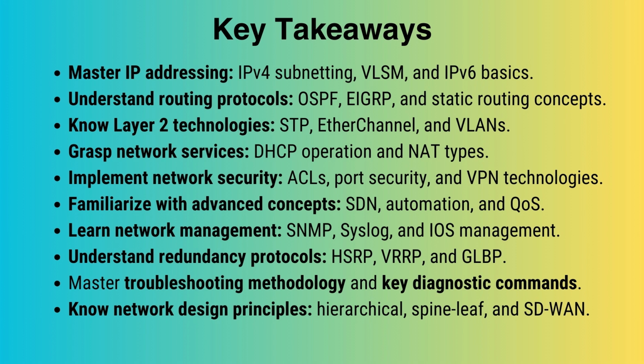Layer 2 technologies, including Spanning Tree Protocol, STP, EtherChannel, and VLANs, are vital for managing switching environments, preventing loops, and segmenting networks logically. Network services such as DHCP operations for dynamic IP allocation and various NAT types for public and private IP addressing are essential for efficient network operations.